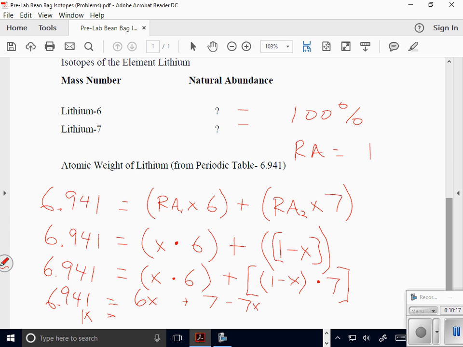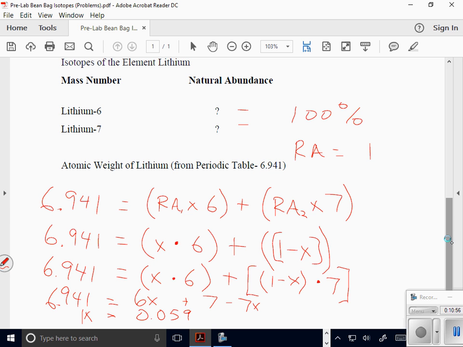7 minus 6.941. 1x equals 0.059. Okay? So, as I am looking at that, did you see how I did that? All I did, and I'm running out of room, is 6 minus 7 is -1, right?